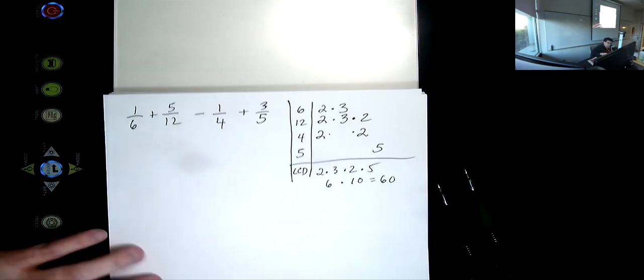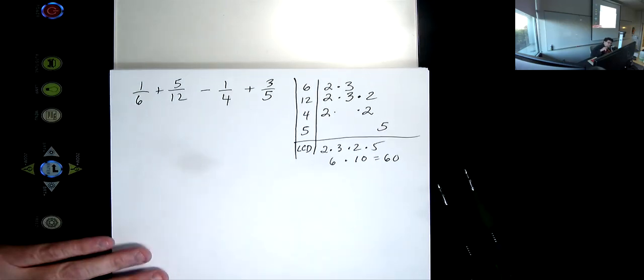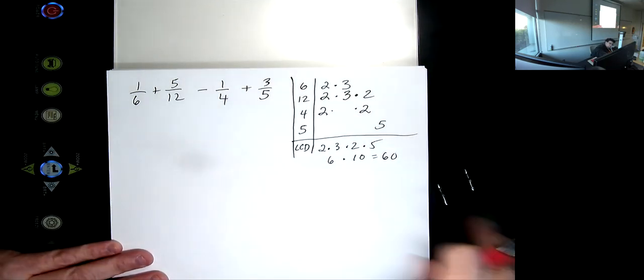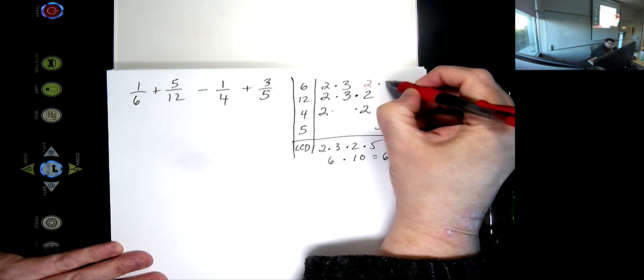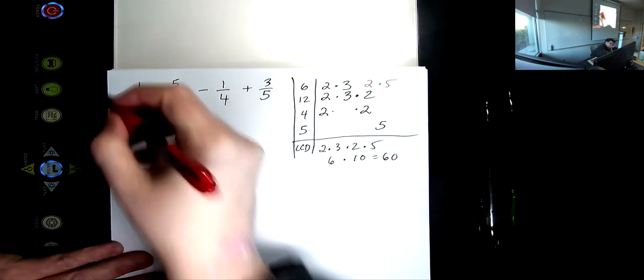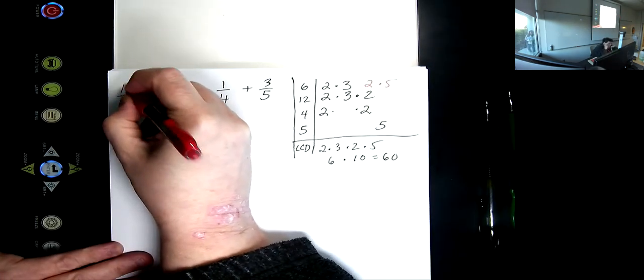All right, so what we're going to do is fill in the gaps and see what we need to multiply by. 6 is missing the 2 and the 5. 2 times 5 is 10, so I'm going to multiply this by 10 over 10.